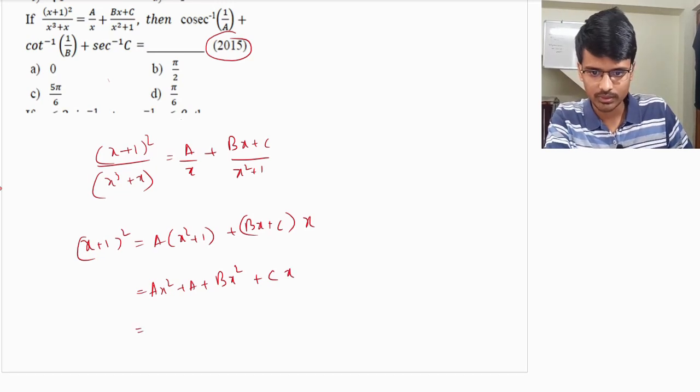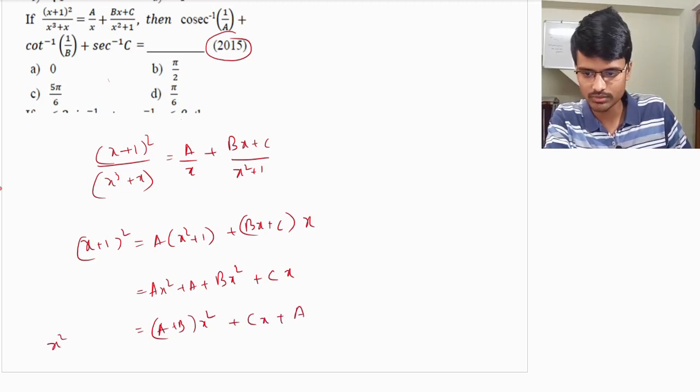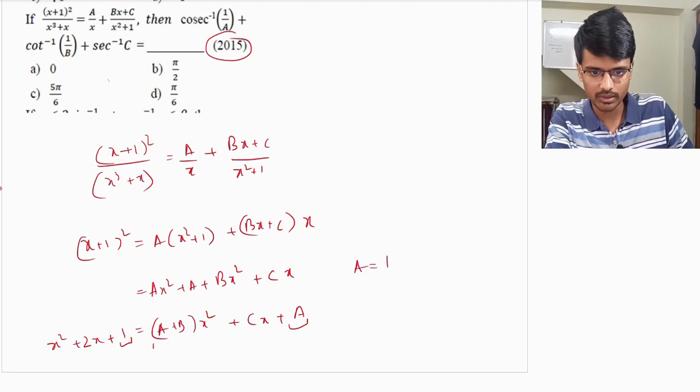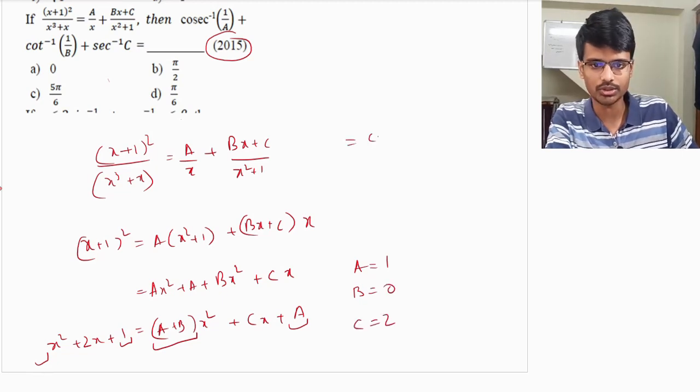So here it is nothing but a plus b x square plus cx plus a. So all we have to do is compare the coefficients and solve. As you can see, the constant term 1 and a, so a is equal to 1, a plus b is equal to 1. That means b is equal to 0, and c is equal to 2. We have got this. We just need to substitute now.